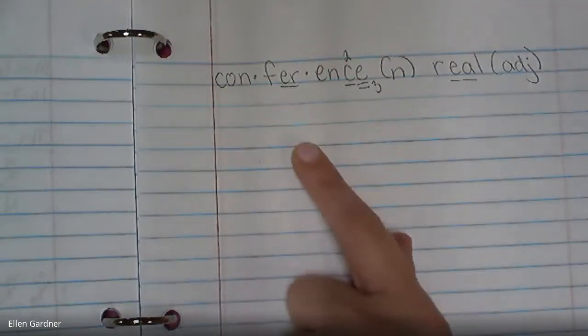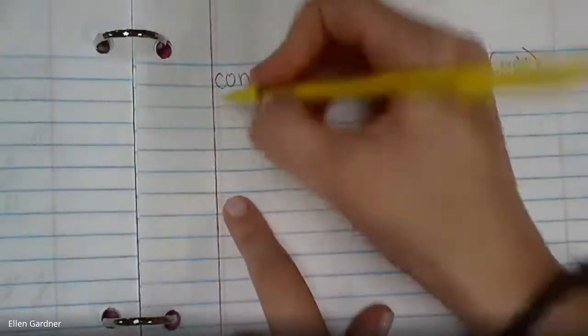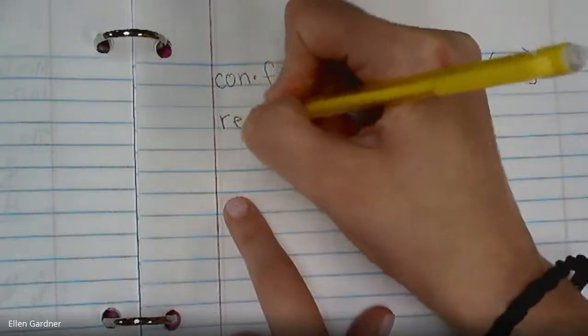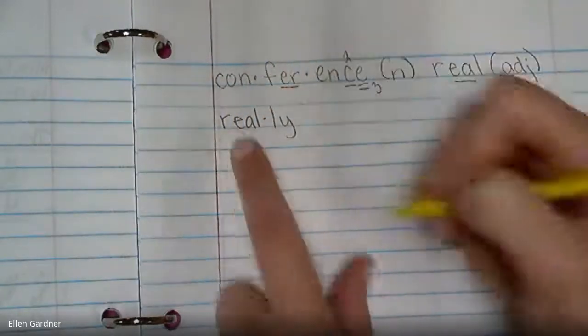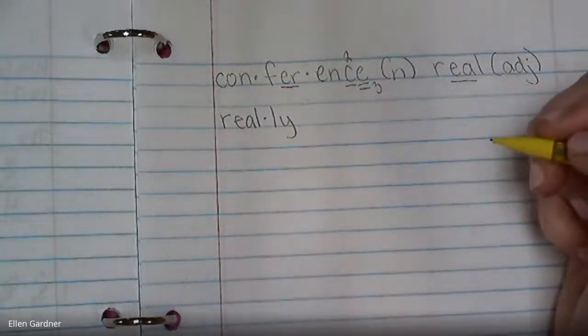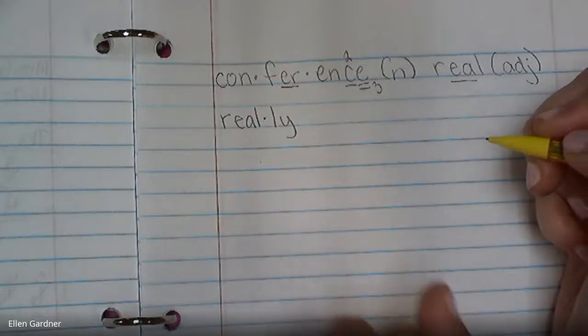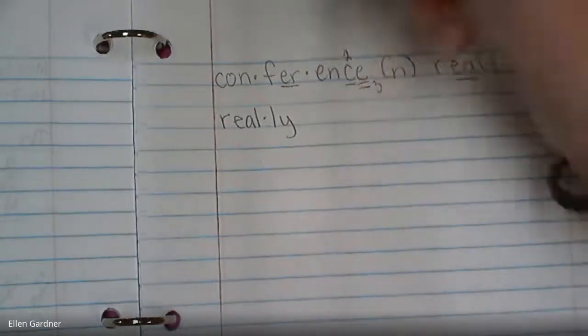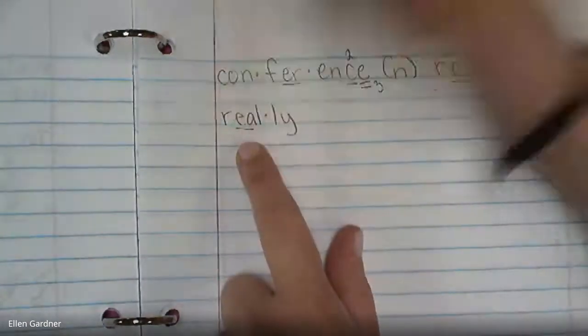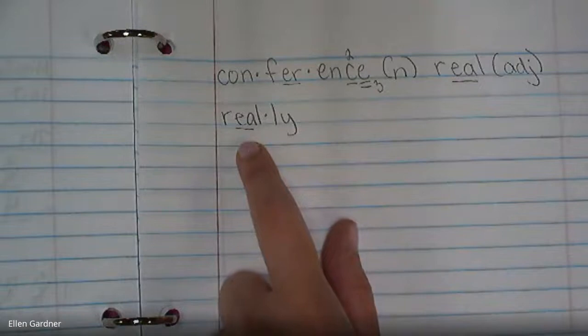Pause the video if you need more time. Okay. E-A, syllable break. L-Y, really. Great job if you got it right. Okay. Did a really good job. Now in the first syllable, we have that phonogram E-A again.